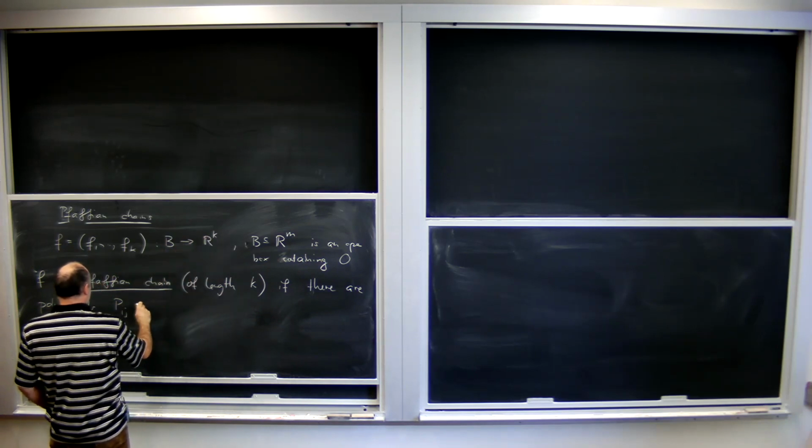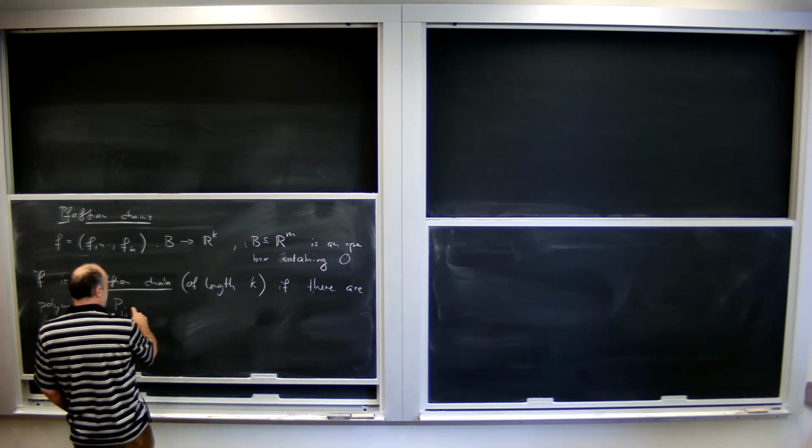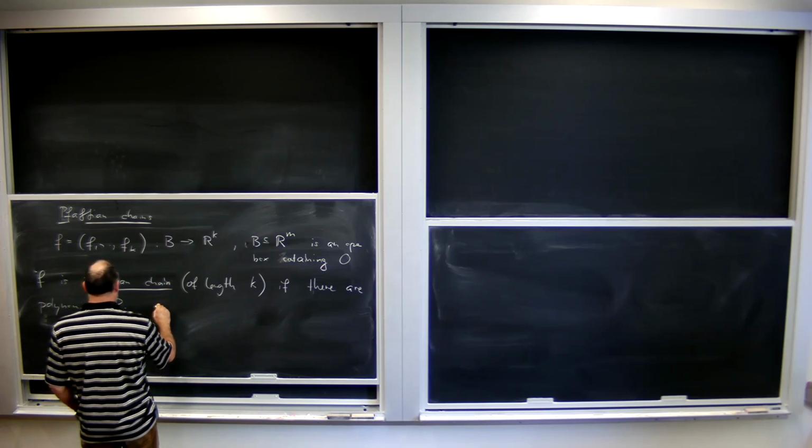Yes, so these P_ij's, I don't want to write down the number of variables. It'll become clear when I write the system, right?